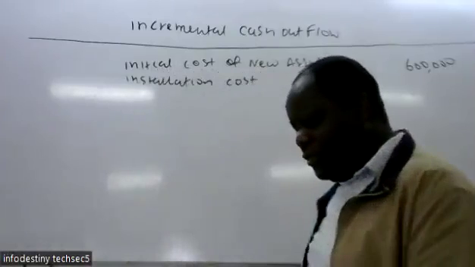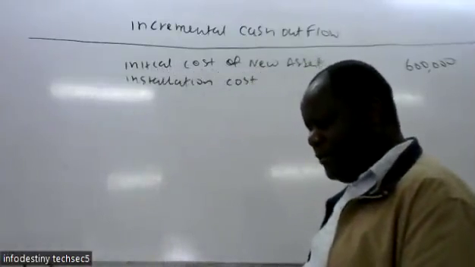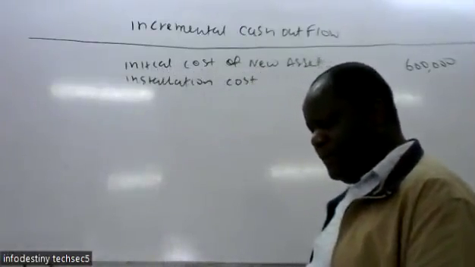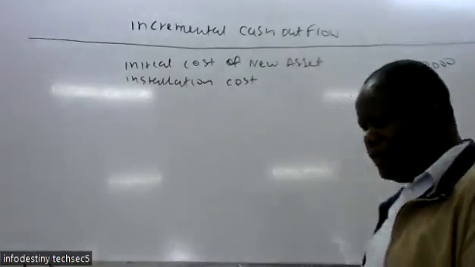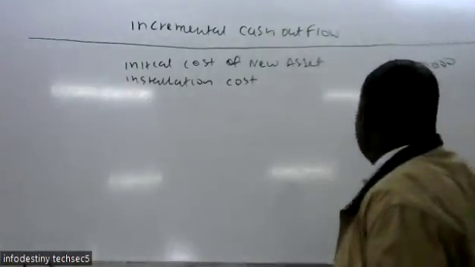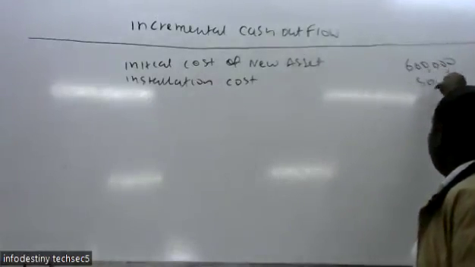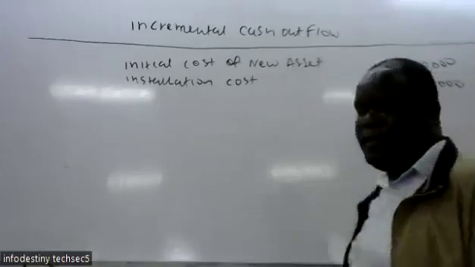It is meant to be 50,000, so it requires 50,000 for installation and the amount will be recorded there as 50,000.